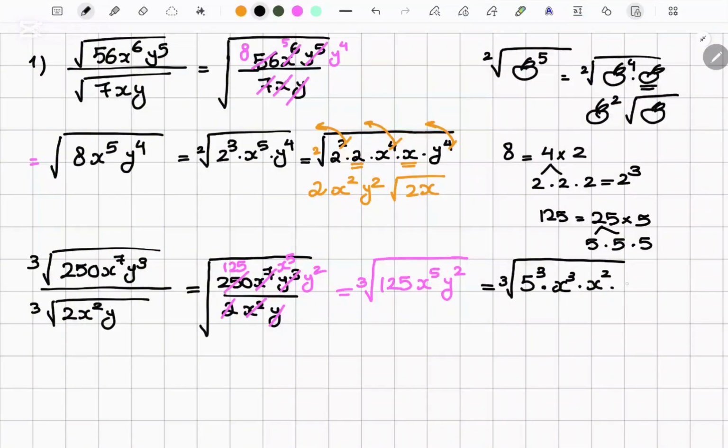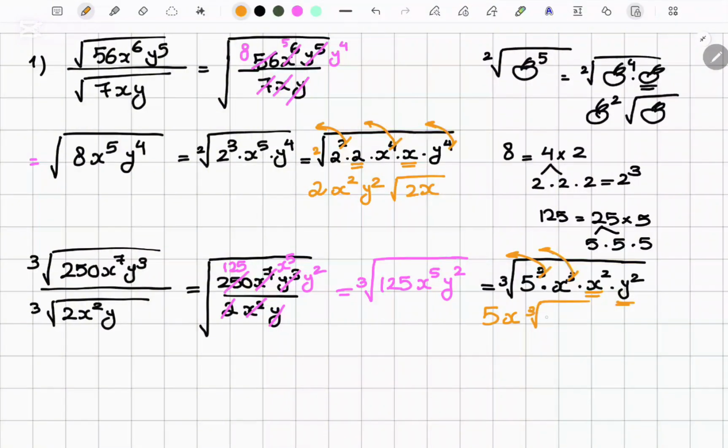And then for y squared, I can't do anything because it does not have enough money to pay and come out, so it's just going to stay as y squared. Now, the people who have the money will pay and come out. So 5 comes out as 5, x cubed comes out as x, and then this stays in, and this one stays in as well.